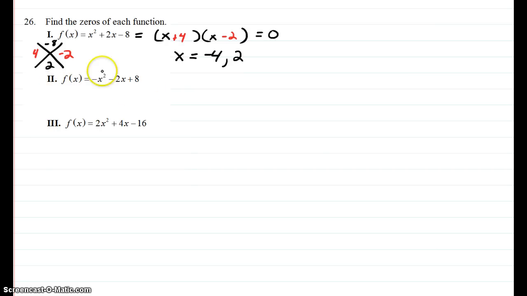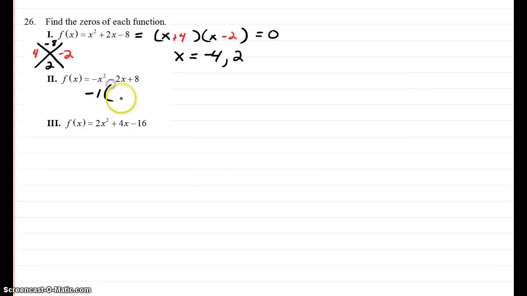Alright, so now if we're going to find the zeros in this one, the first thing we want to do is take out the GCF, and you might look at it and say, well, it doesn't have a GCF. If we're going to use this magic x, you always want to make sure that the coefficient is positive. So what we're going to do is take out a negative 1.